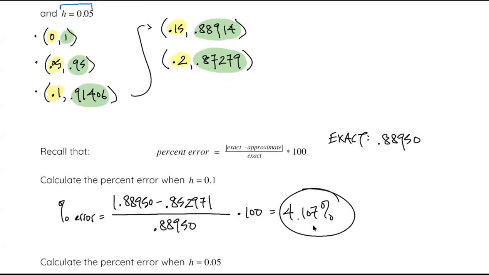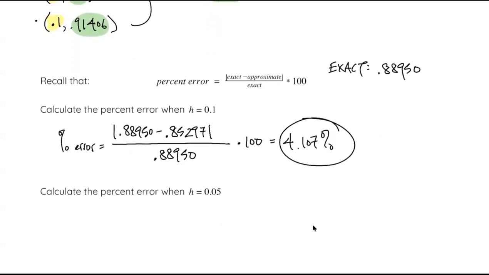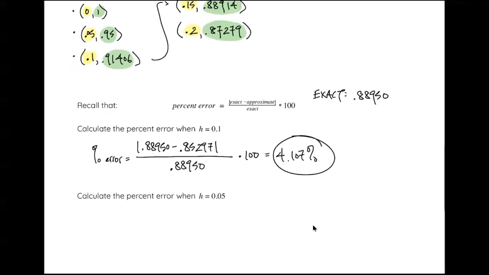Okay, but let's see what happens when we just cut the step in half. So we're doing it twice as many iterations, and let's see how that compares to our percent error from the first one. Our percent error is going to be 0.88950 minus 0.85.